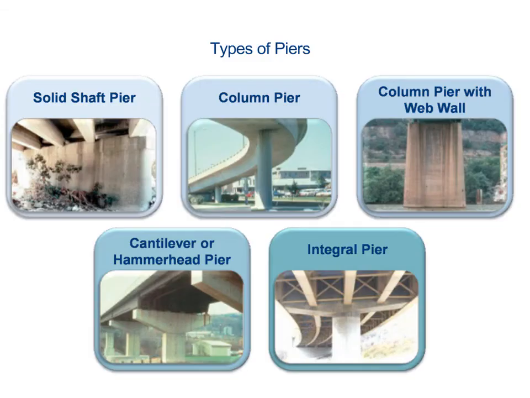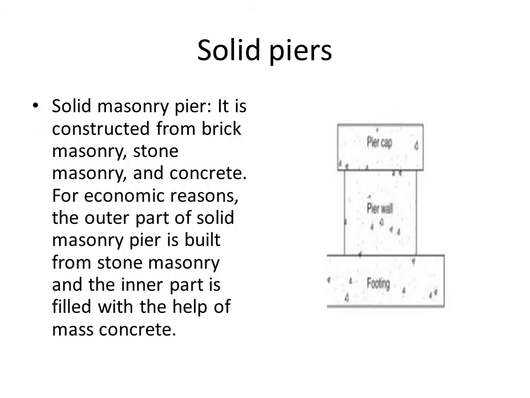Therefore, these are the diagrams of some of the piers. The first one is the solid shaft pier, column pier, column pier with web wall, cantilever or hammerhead pier, integral pier. Therefore, the first one is the solid piers.